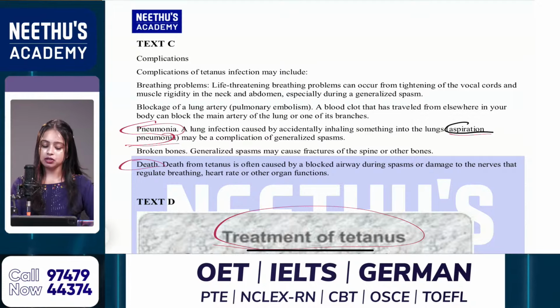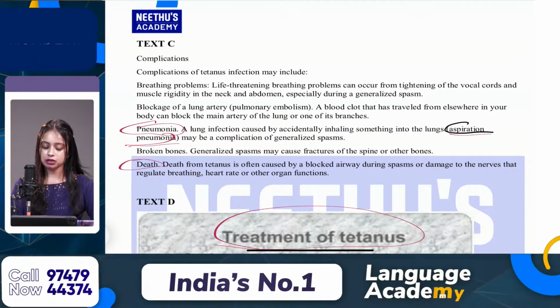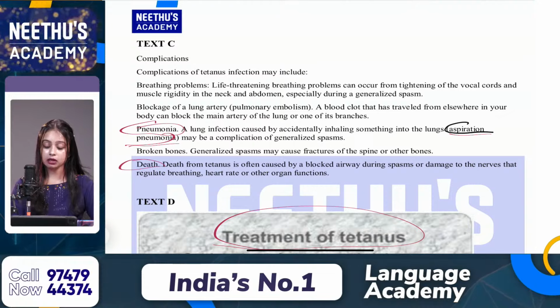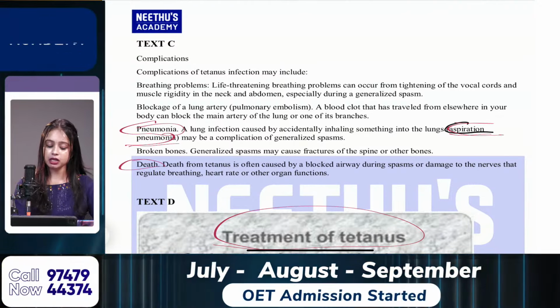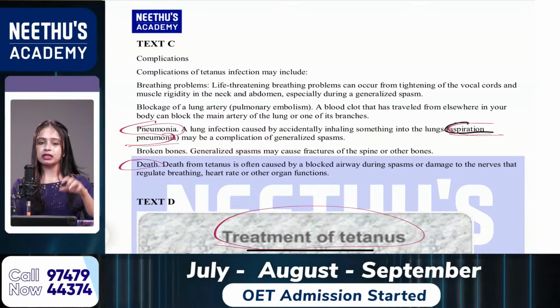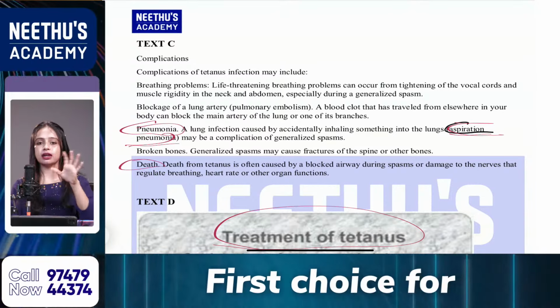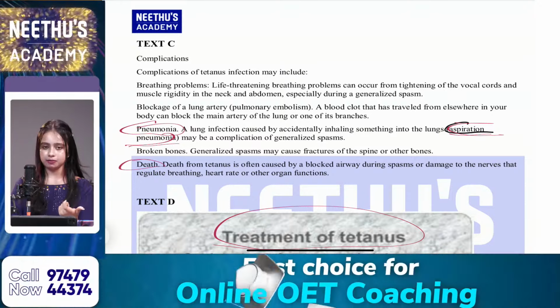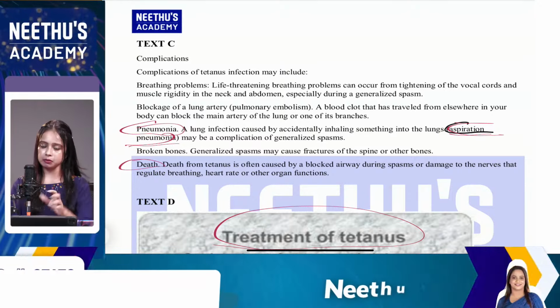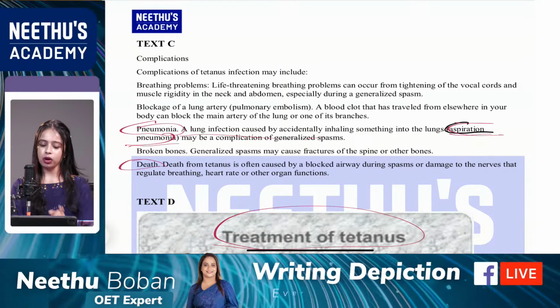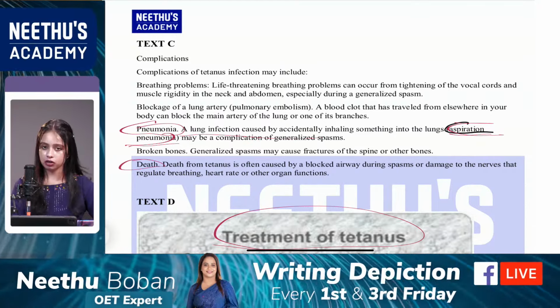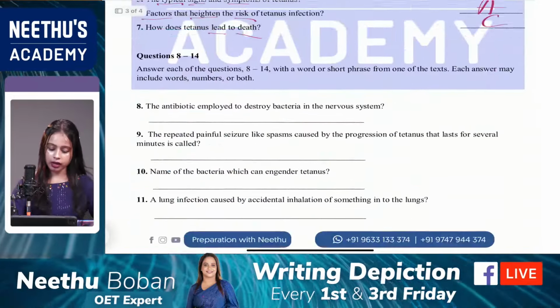Maybe a complication of generalized spasms, a lung infection caused by accidentally inhaling something into the lungs. Exactly the same question. So the answer should be aspiration pneumonia. When there is a bracket, that bracket is always connected to the previous line. This is the previous line: a lung infection caused by. So the answer is aspiration pneumonia, not pneumonia. I hope it is clear.